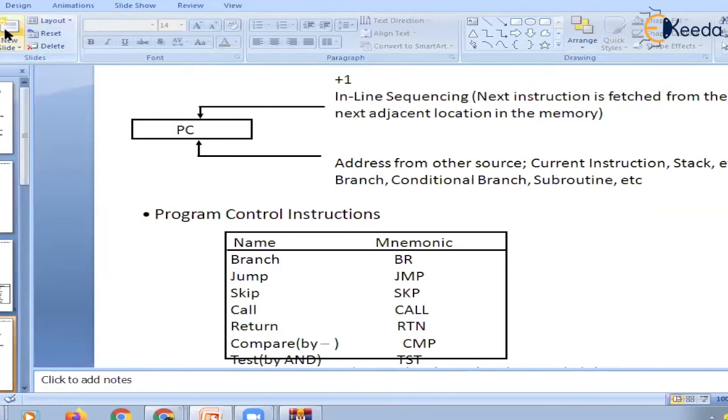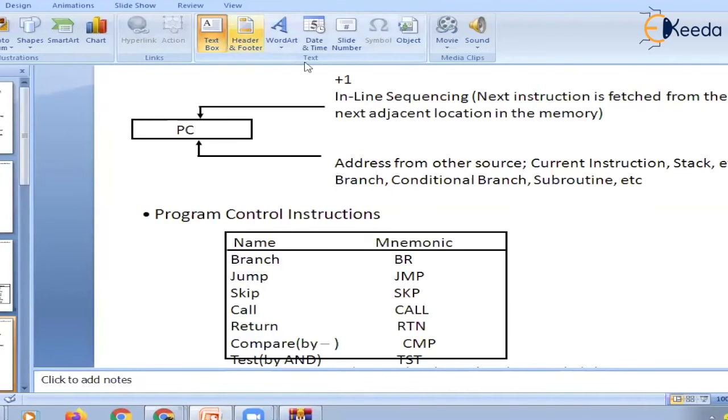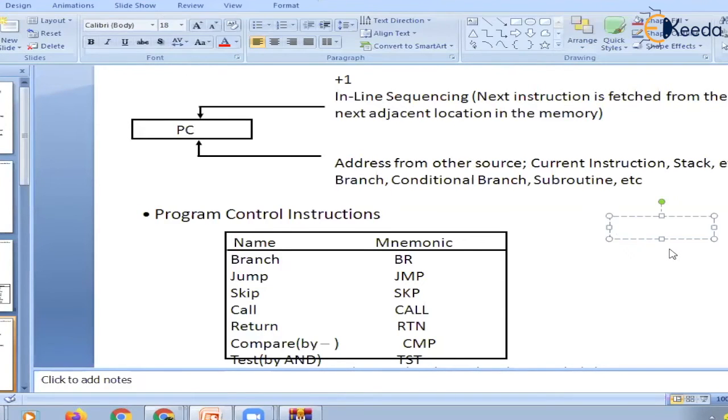Let us say BSA 450, and the BSA instruction's address is 21. Will I go to 22? No, we are going to 450. So we take the address from the current instruction itself.